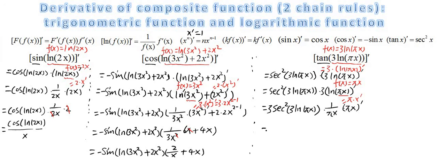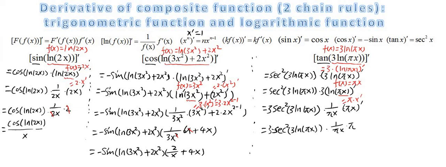So basically we can simplify it. 3 times secant squared of 3 ln pi x times pi over x times pi.